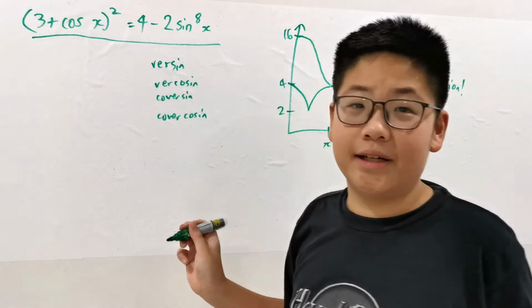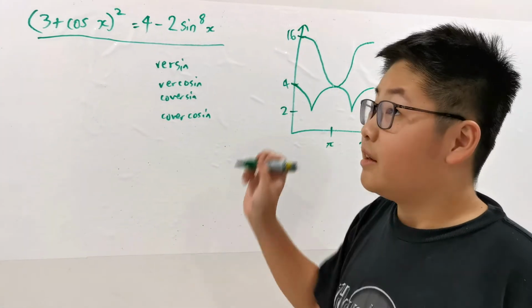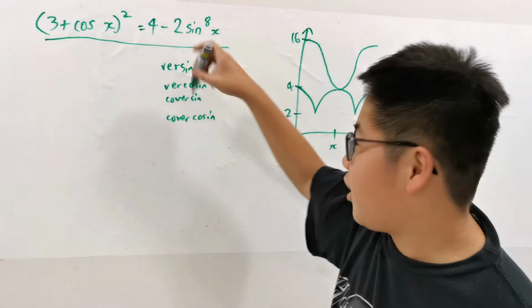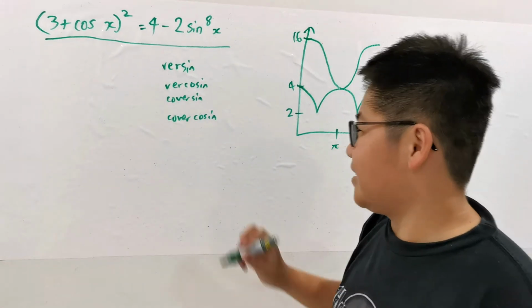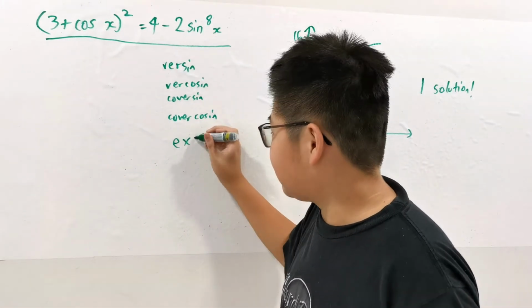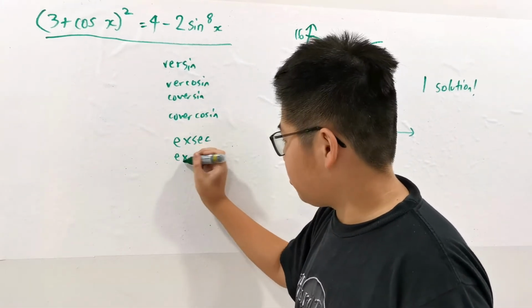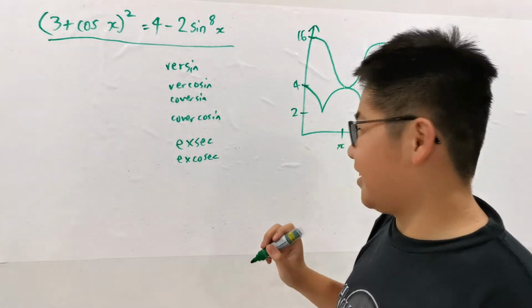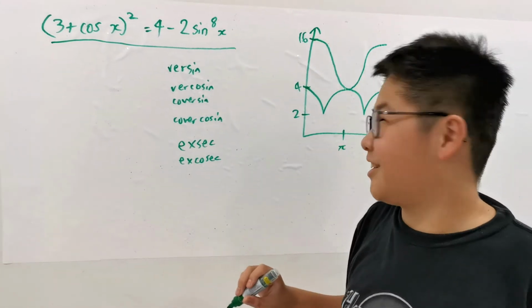I cannot remember the expansion for each of them, but you can have haversine, which is basically all of them times half, and then you will have exsecant and excosecant. Really interesting, this menagerie of trigonometric functions.